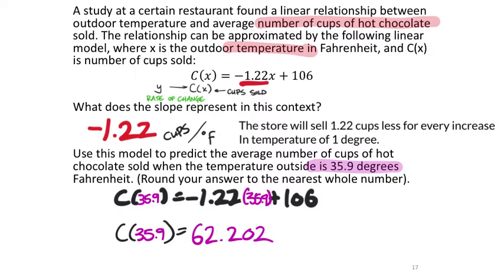It did say to round our answer to the nearest whole, so rounded, how many cups for 35.9 degrees Fahrenheit? It appears that we would expect to sell 62 cups. And again, I'm labeling this because it's a word problem, but the interpretation is there. If the temperature outside is 35.9 degrees Fahrenheit, you would expect to sell 62 cups of hot chocolate.